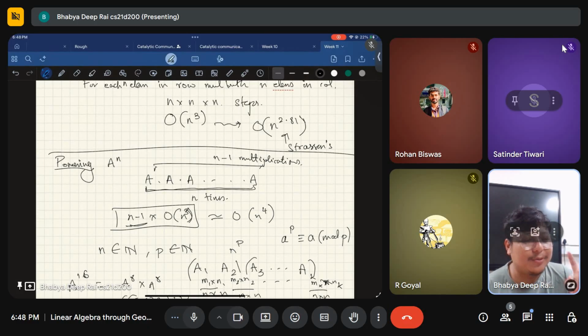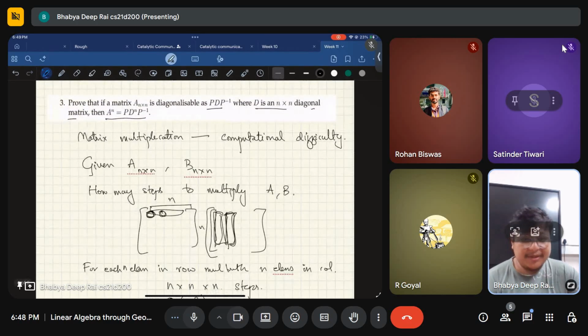Notice that squaring numbers is always simpler than squaring matrices. Matrices require much more complexity, right? It's a very complex operation. Squaring numbers requires multiplying two numbers, but it's still fine, especially if it's a power of two. It's much simpler. In binary, it's just shifting to the left, to the right.